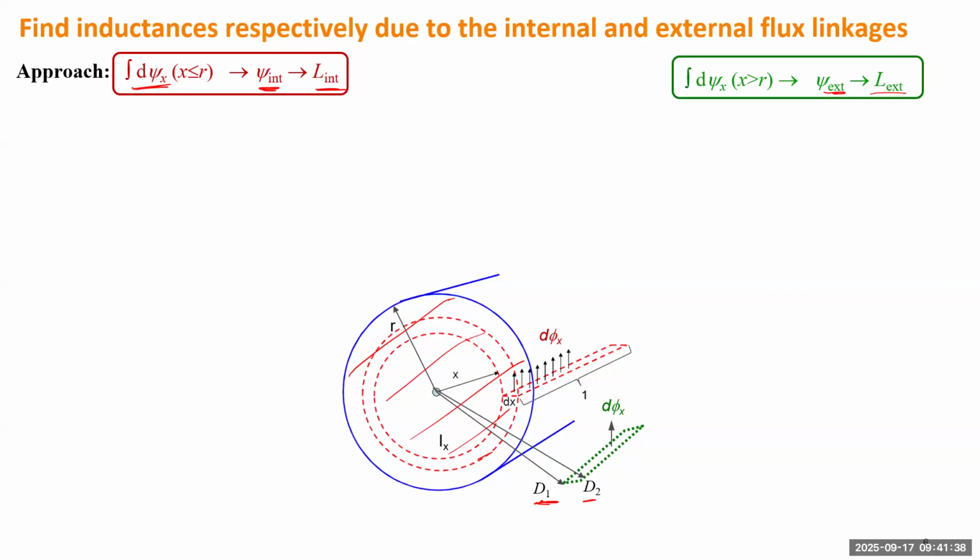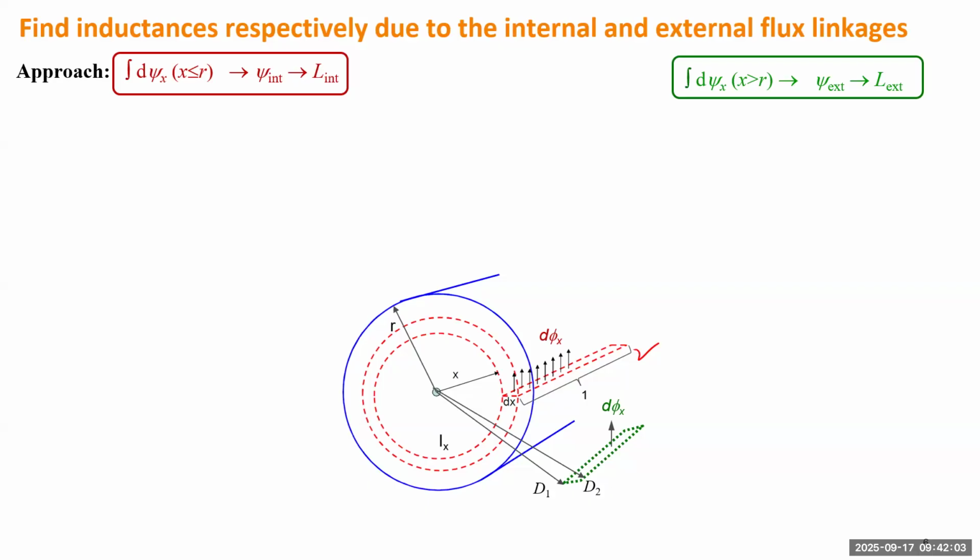And for both inside and outside, we're going to start with a small rectangular area. So this one. We have a length of 1. We consider the conductor has a length of 1 meter, and the width is just a dx. It's just a small increase of the x.